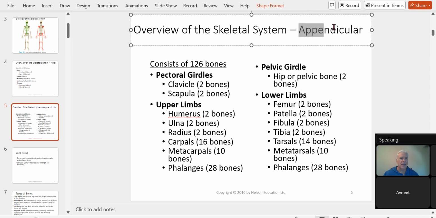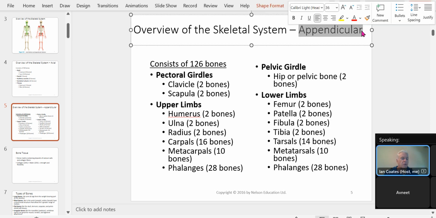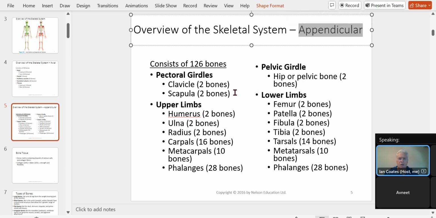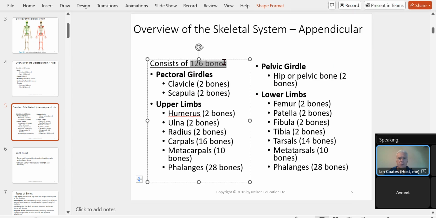The appendicular skeleton, now we're looking at the locomotion side, from the shoulder on down to the arm, to the fingers, and then the pelvis down to the toes. 126 bones. The pectoral girdle, here we're talking about the shoulder, your pecs.